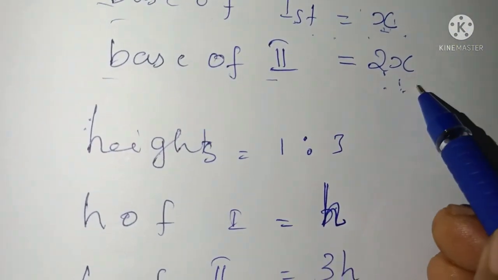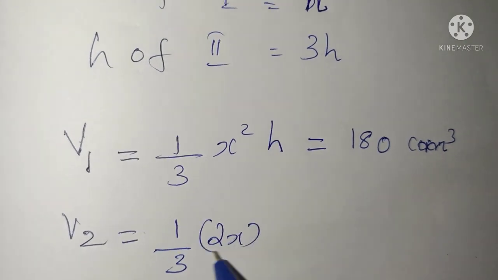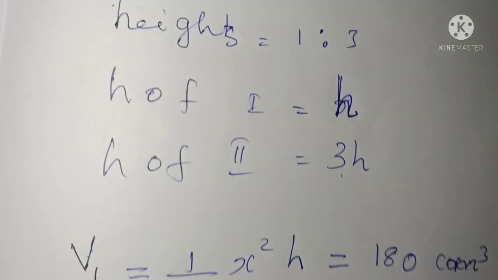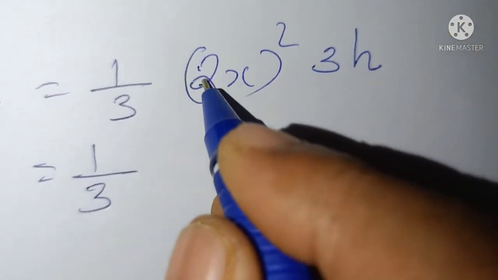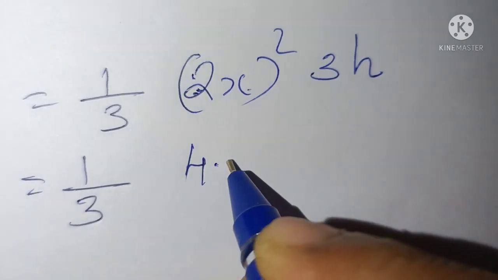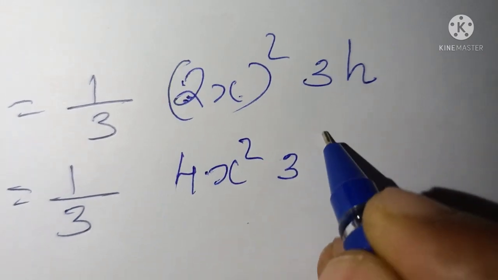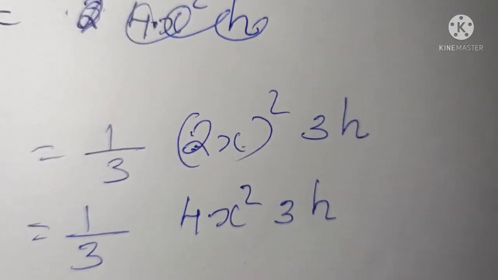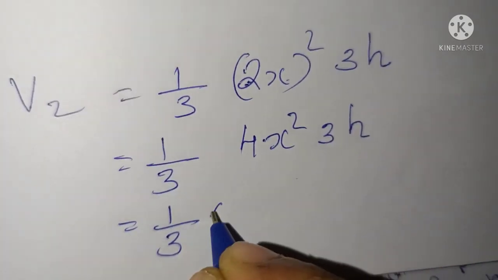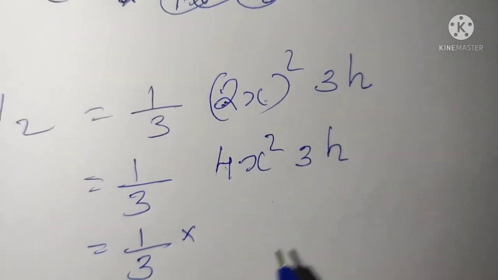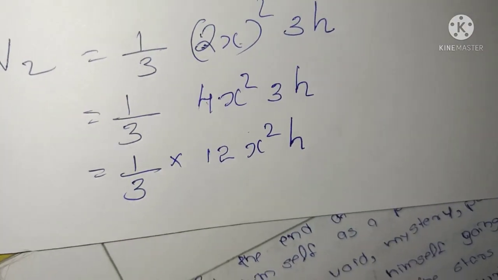Its base is 2x, so volume is equal to 1 by 3 (2x) square into height 3h. That is 1 by 3 into 4x square into 3h, which is 1 by 3 into 4 into 3, that is 12x square h.